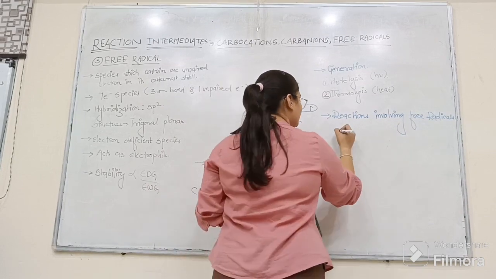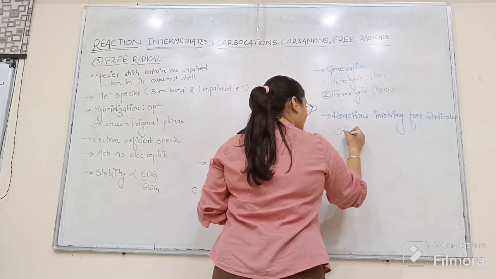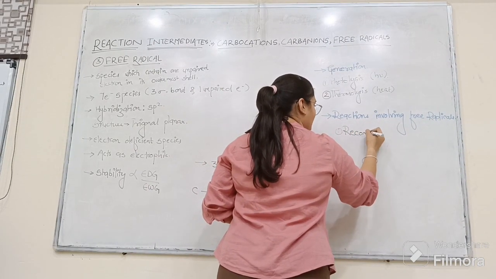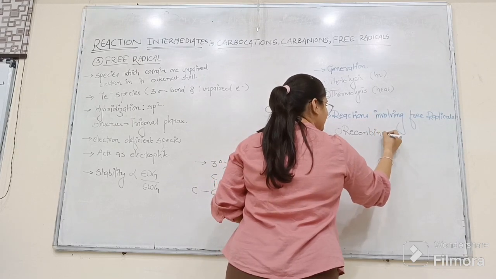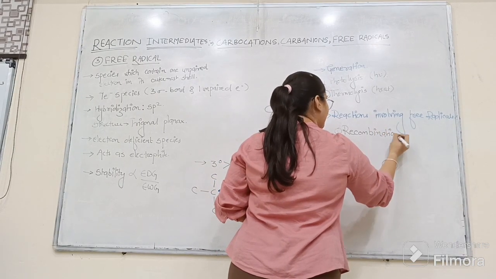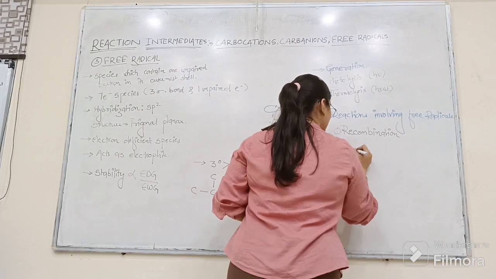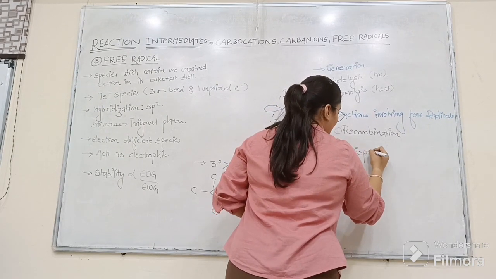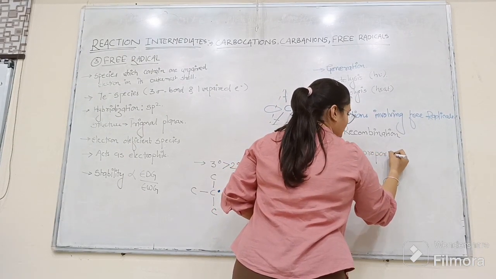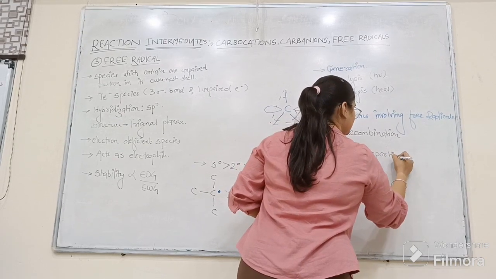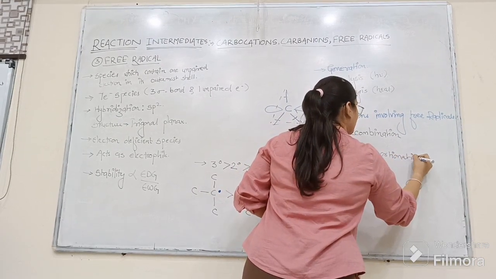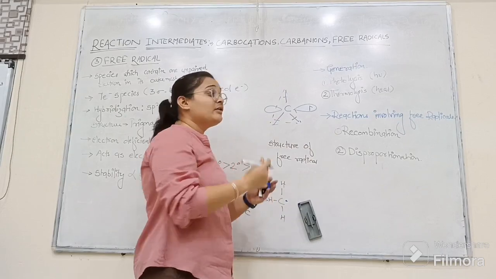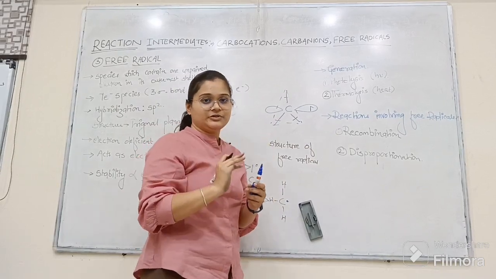The first one is the recombination reaction, and the second one is the disproportionation reaction. So these two reactions involve free radical as the reactive intermediate.